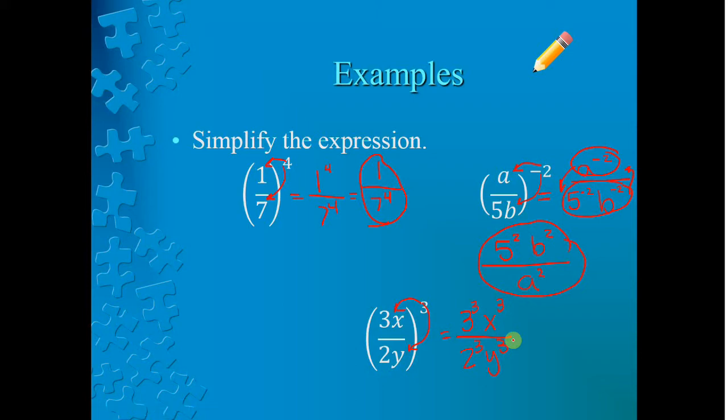Now, 3 to the 3rd is 3 times 3 times 3, which is 27, so 27 x to the third. 2 to the third is 2 times 2 times 2, which is 8, so 8 y to the third. So this is just me writing 3 to the third as 27 and 2 to the third as 8.